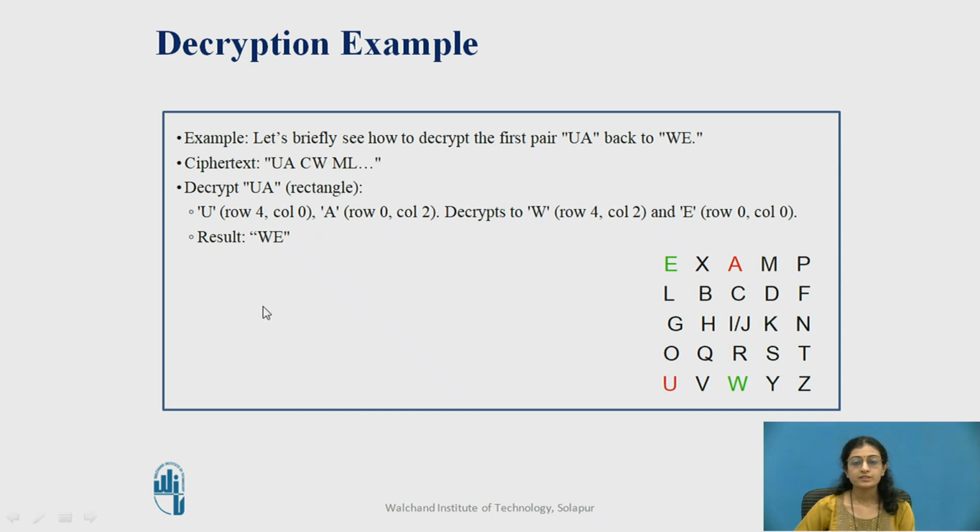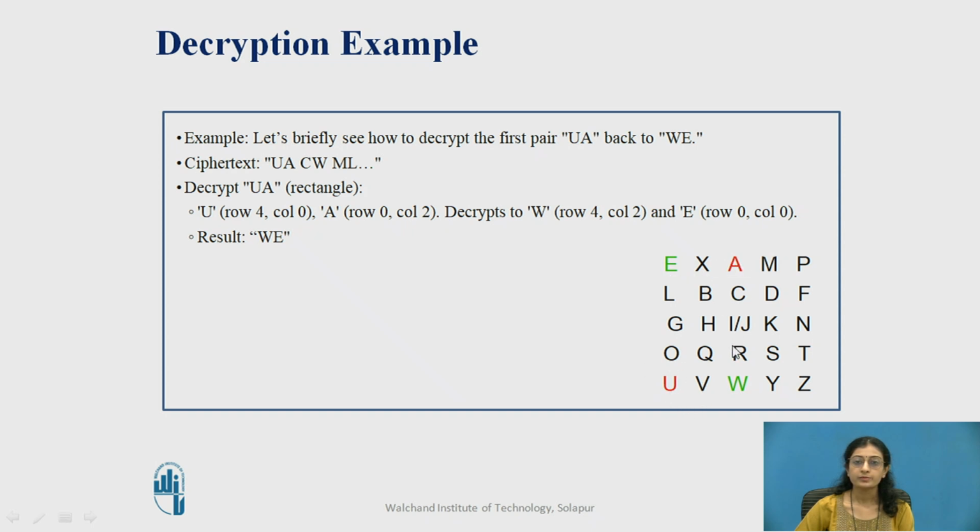Now let's briefly see how to decrypt the first pair, which was UA, and we'll check if we can get the original message, which was "we are discovered". So consider UA. So let's locate these letters here. So U is here and A is here.